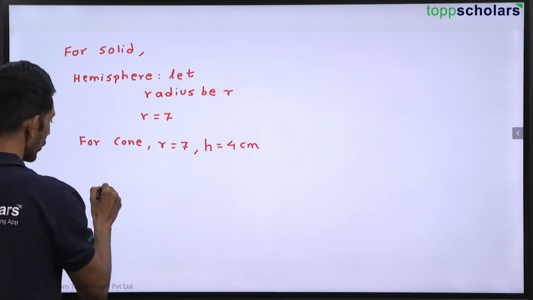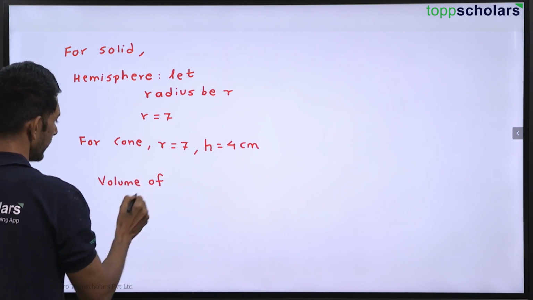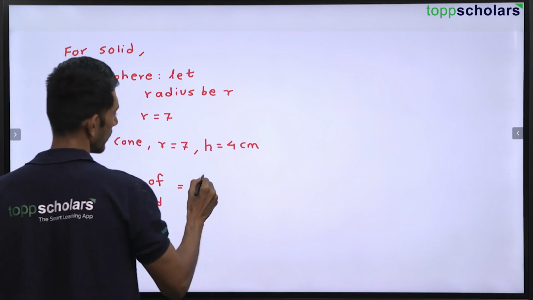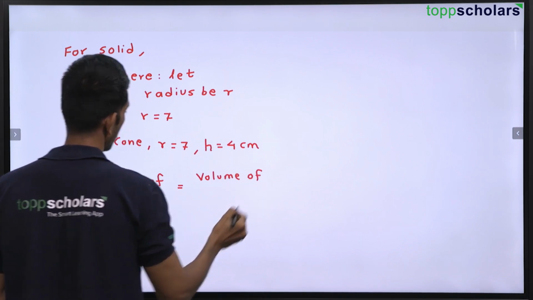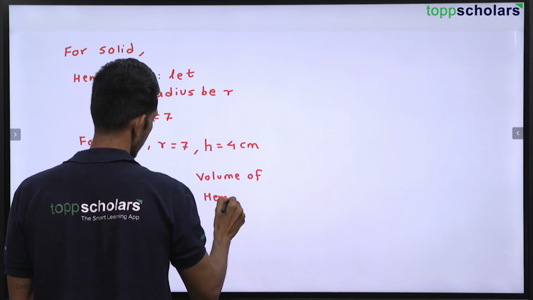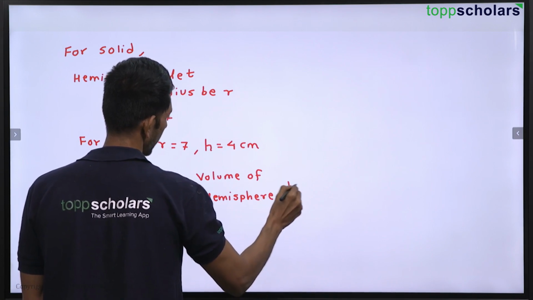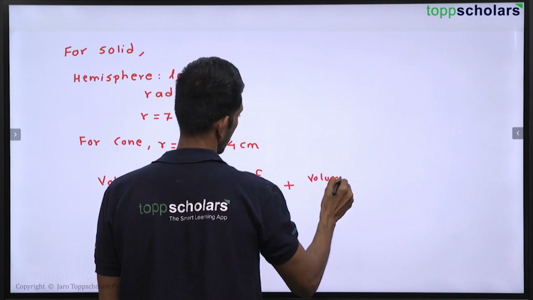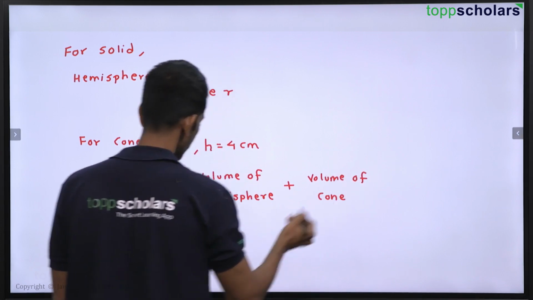So can I say volume of the entire solid is equal to volume of hemisphere plus volume of cone, isn't it?